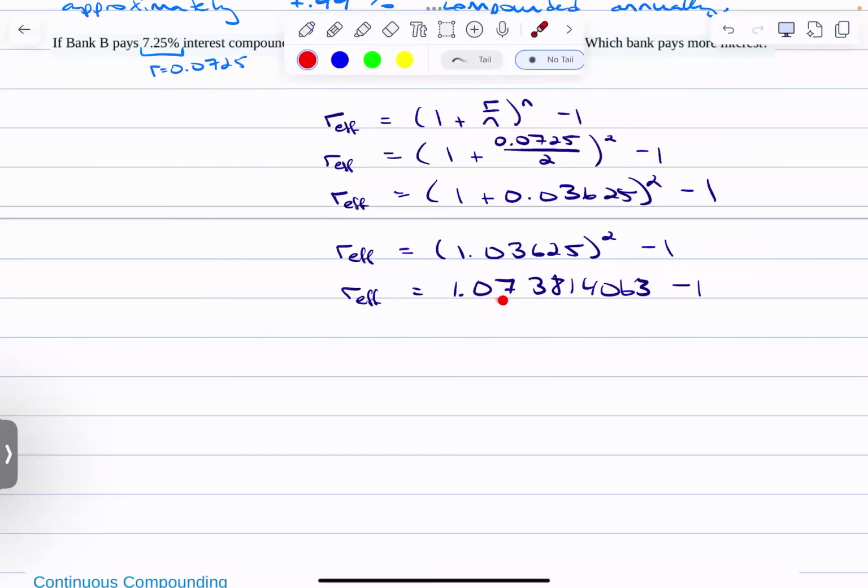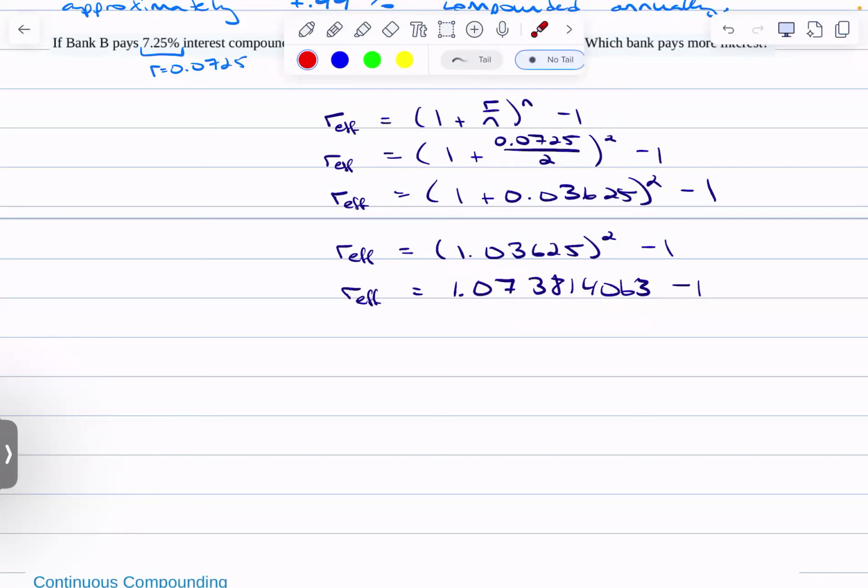As soon as I see this kind of 7-ish%, I feel good about my answer, right? I'm going to subtract 1, but I feel good that they're very similar. So I'm expecting them to be similar, and they are.